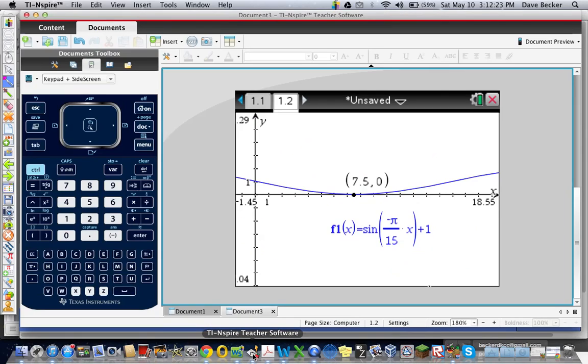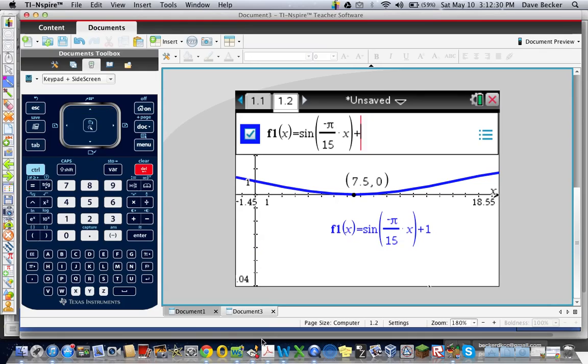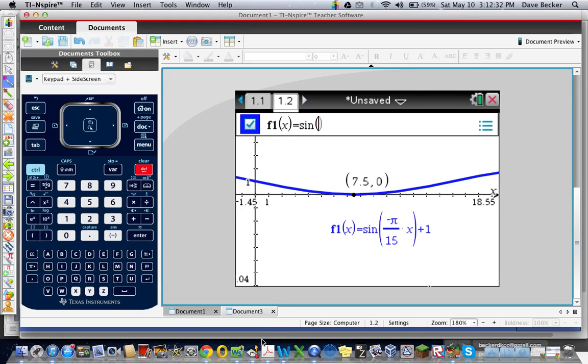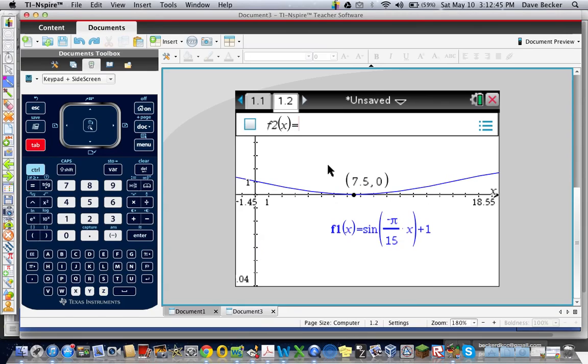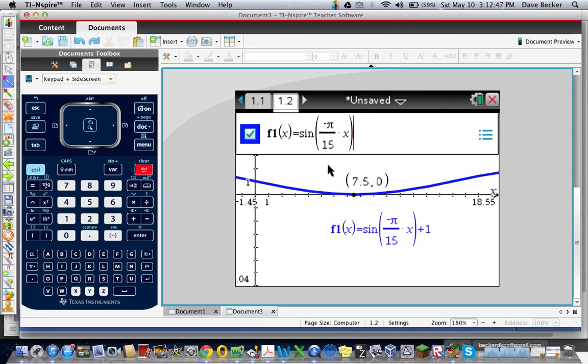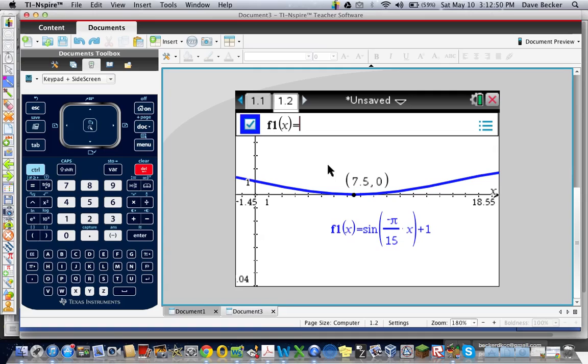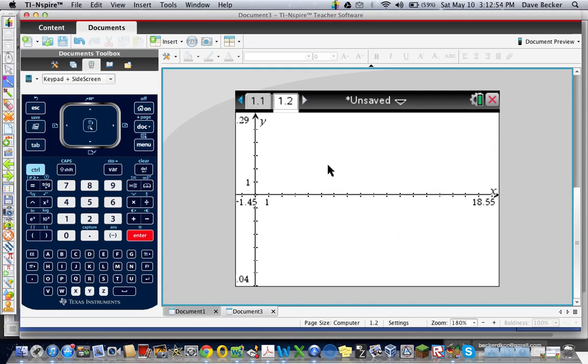I'll graph both of those. Let me get rid of that one. And I'll just put the 96 in there. And obviously I'm going to have to change my scale. Oops, need to redo that. Sorry, I still had sine in there. Okay, so 96, bam. Obviously it's out of the window.